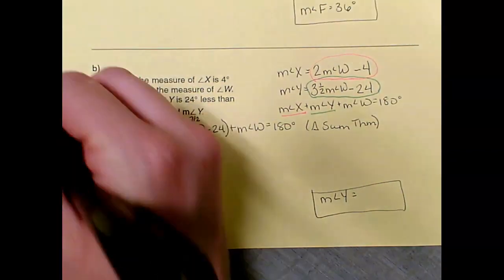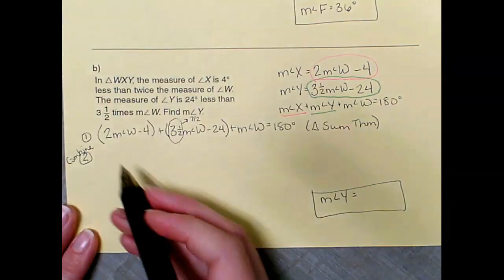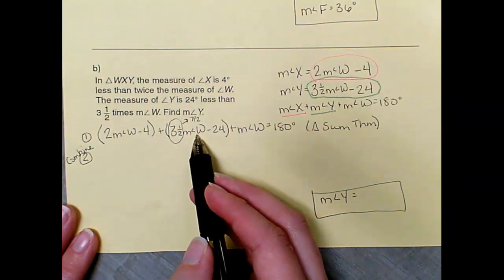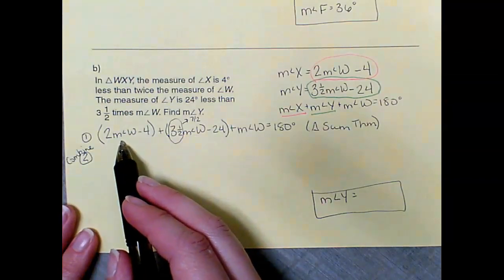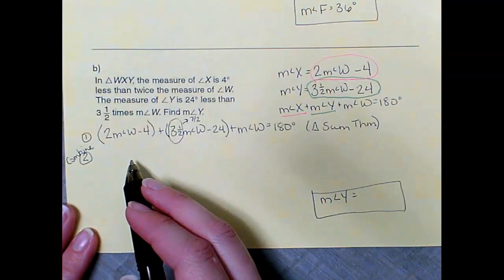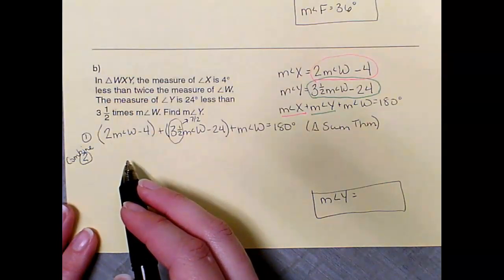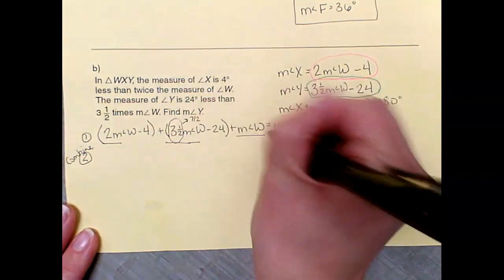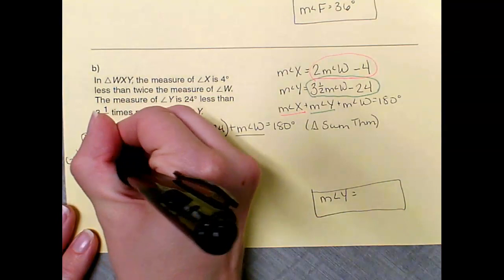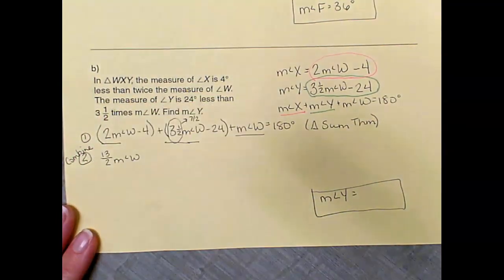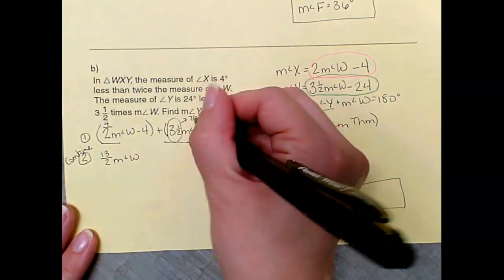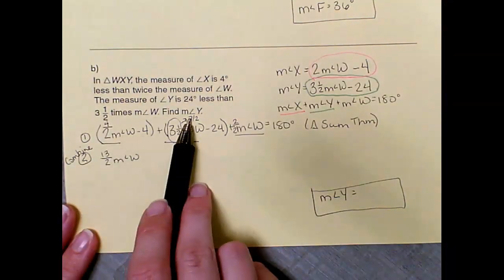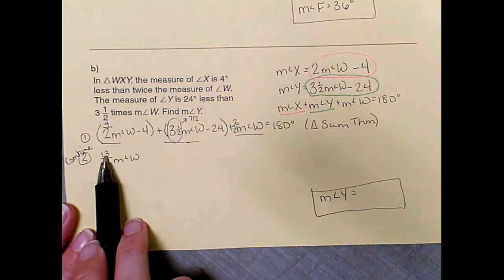Step 2, we need to solve, so we're going to have to combine. So 2 measures of angle W and 7 halves measures of angle W. 2 measures of angle W is really like 4 over 2 measures of angle W. If I add everything together here, here, and here, then I'll have 13 halves measures of angle W. So this is 4 over 2, this is 7 over 2, this right here is 2 over 2 measures of angle W. So 4 plus 7 is 11, plus 2 more is the 13 that you see here in the numerator.